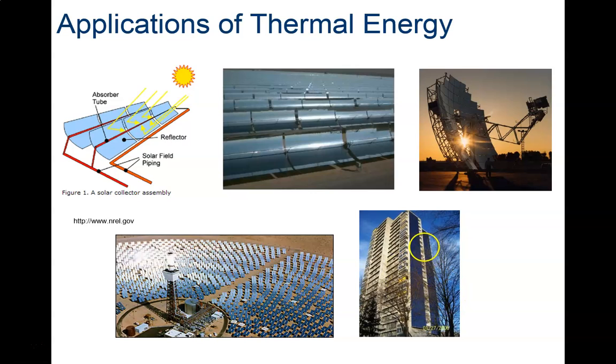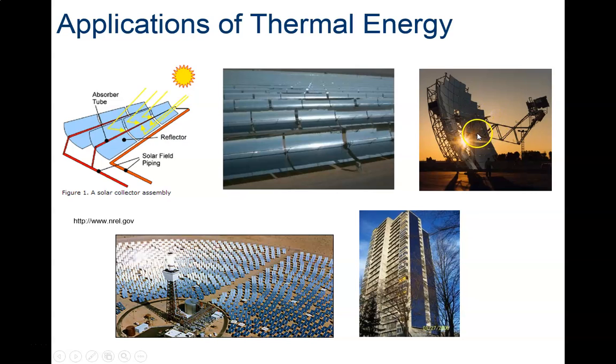So these are some applications of radiation energy. Here they're reflecting the radiant energy from the sun onto a pot of water. It's focusing the sunlight onto a container of water, which boils and turns a steam turbine.